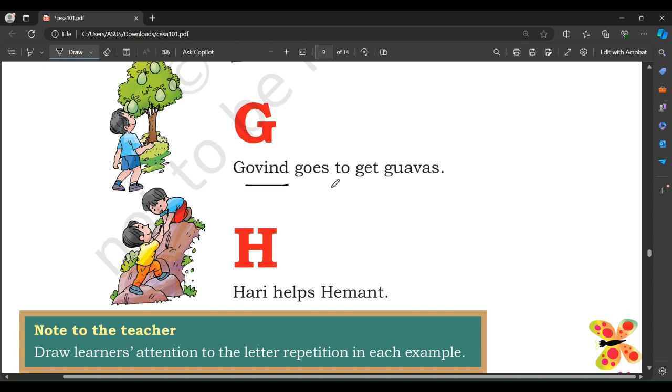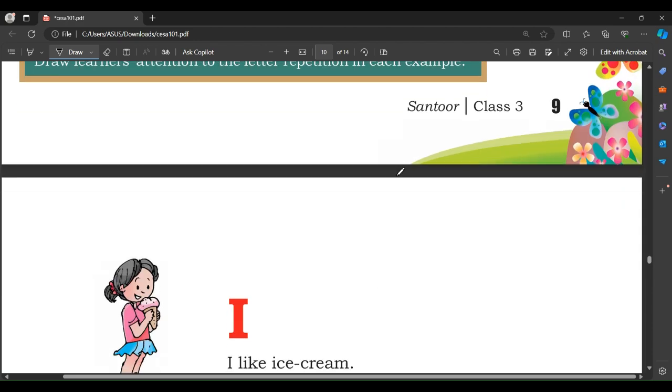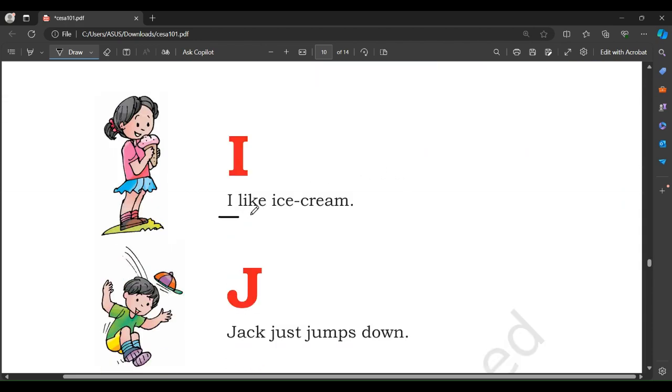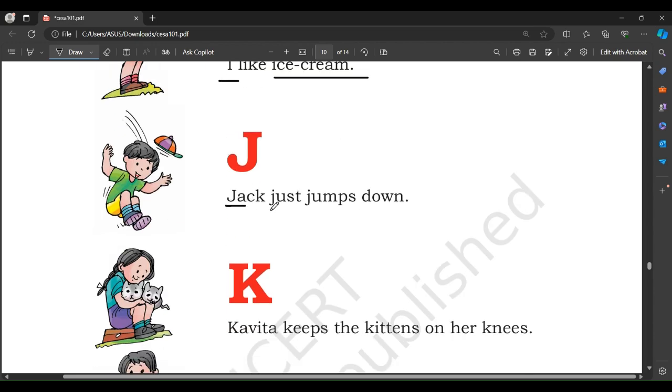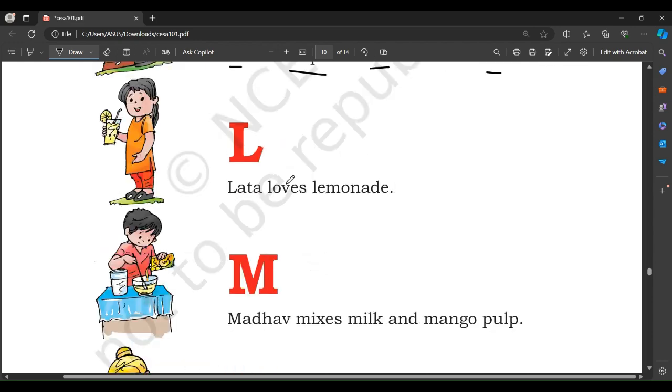G, Govind goes to get guavas. H, Hari helps Hemant. I, I like ice cream. J, Jack just jumps down. Kavita keeps the kittens on her knees.